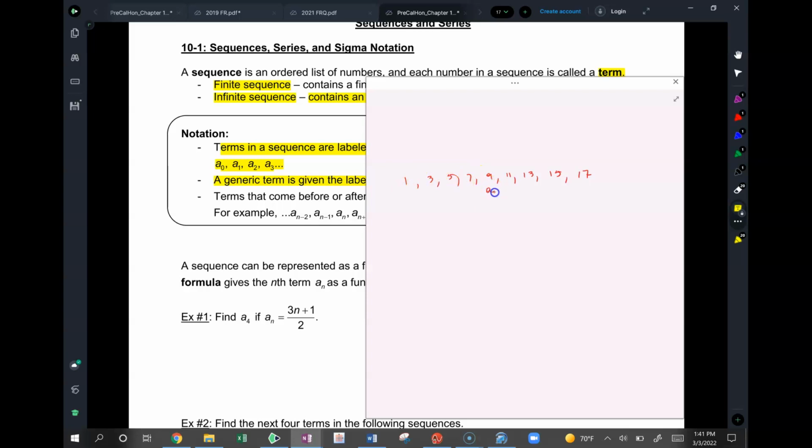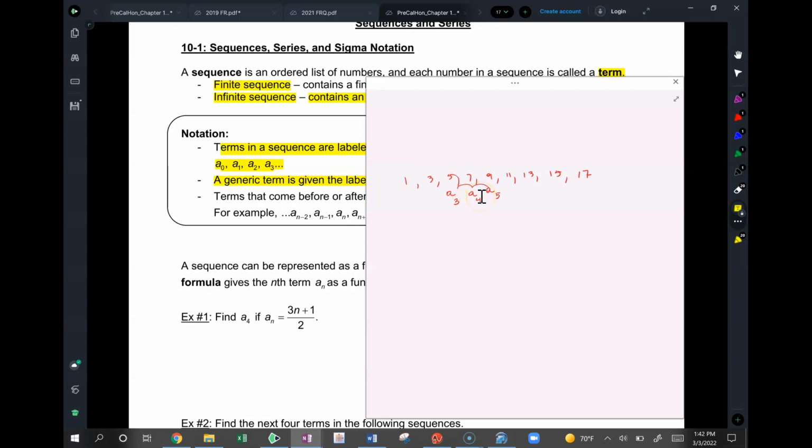Okay, so this is A sub 5, right? That's the 5th one. What's the name of the one that comes right before it? A sub 4, because you do 5 minus 1. What's the one that's 2 places before it? A sub 3, because you do 5 minus 2.